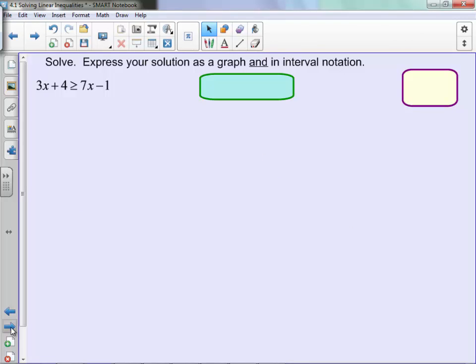So now we're going to solve our inequalities. We're also then going to graph our solution and write it in interval notation. So first we're going to solve these. And remember, it's just like solving equations, except if you multiply or divide by a negative, you have to flip your sign. Let's start with this one.